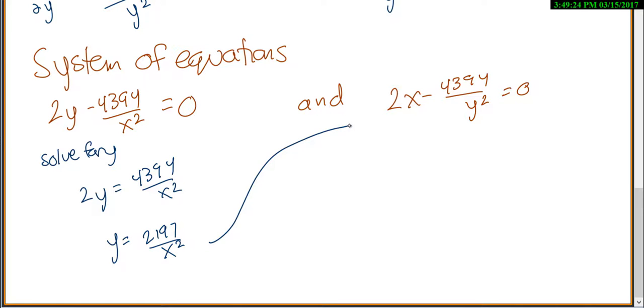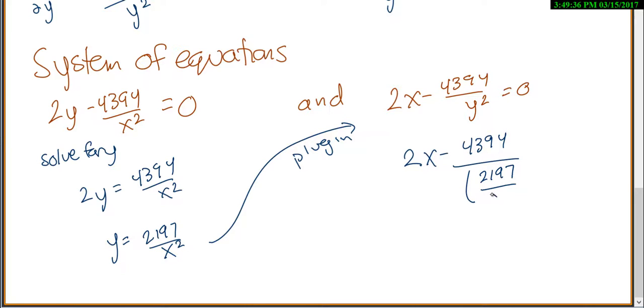And then we'll plug in over here. So we'll have 2x minus 4394 over y squared, but y is really 2197 over x squared. So we need to square all of that, equals 0, and solve for x. As you can tell, this is starting to become quite a complicated problem here.